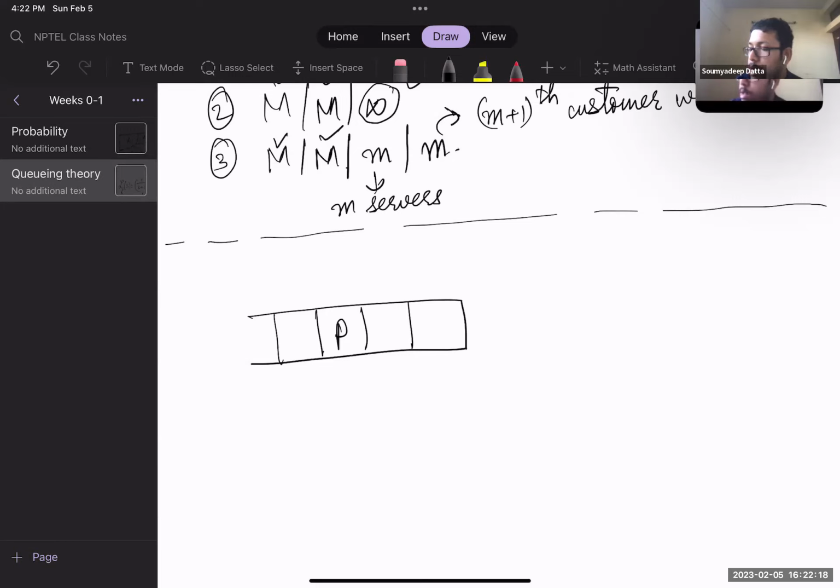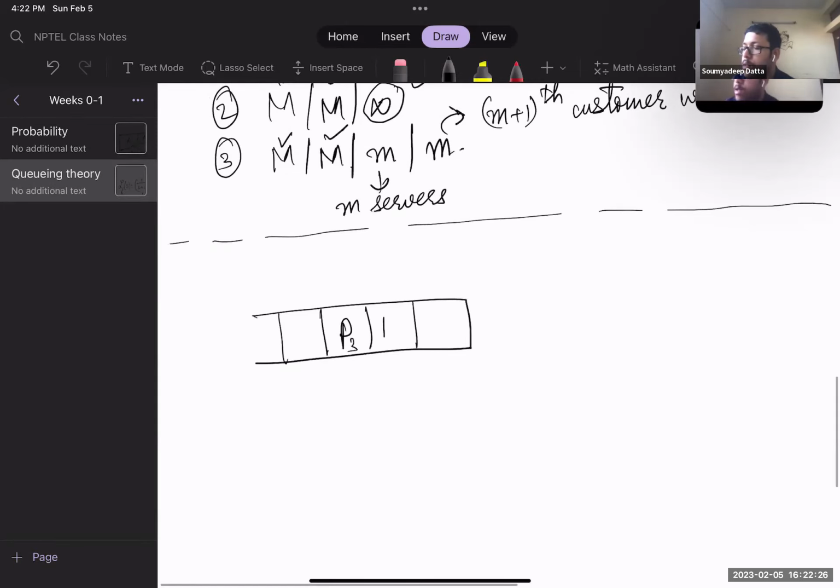So this person clearly has entered the queue at some point and is waiting in turn, right? Because this is P3, then I have P2 and P1 ahead of P3. So is P3 bound to wait in the queue until P1 and P2 are served? Is it always the case?